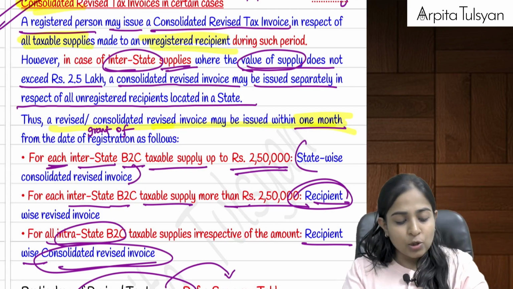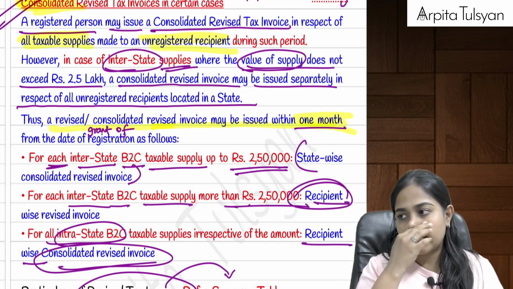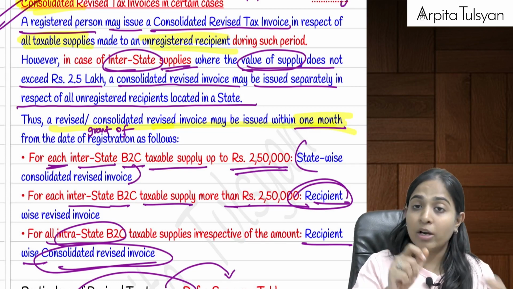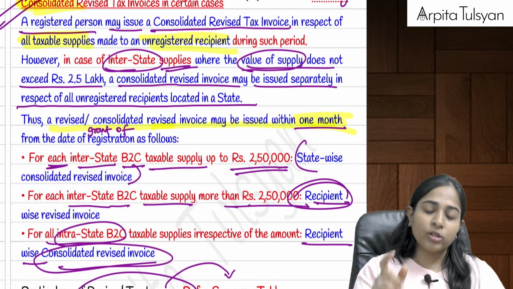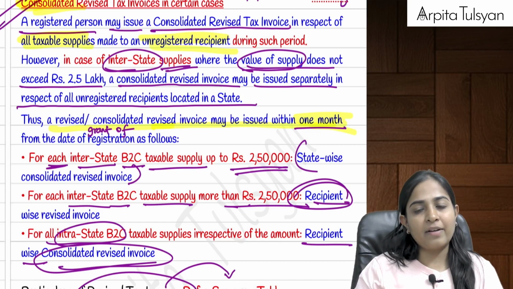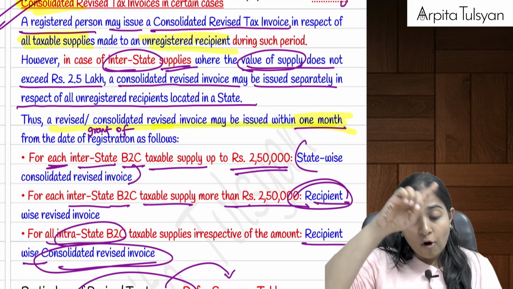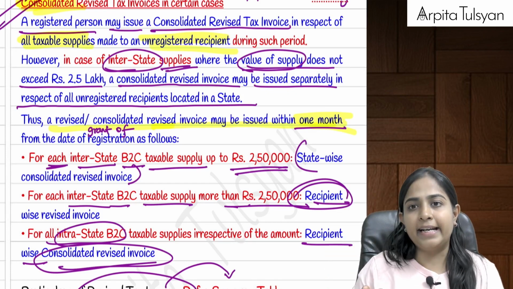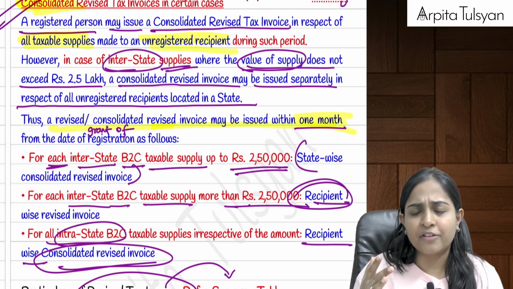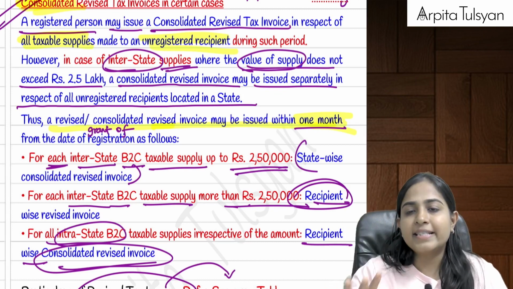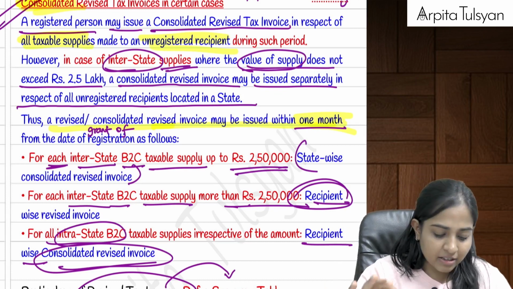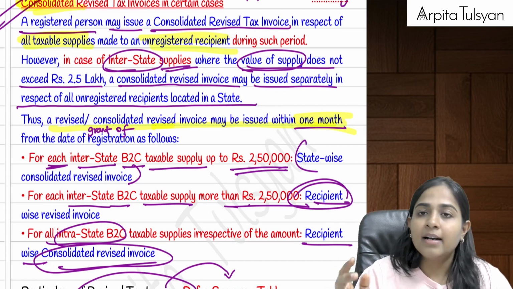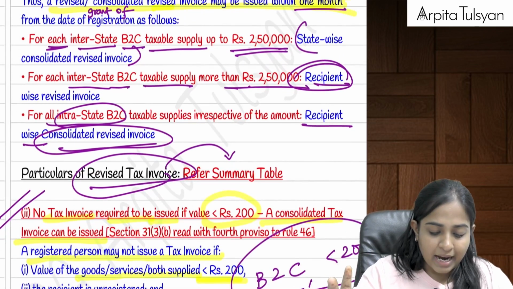But if the taxable value is more than 2.5 lakhs, I'm talking about interstate only, then recipient-wise you will have to issue. For intrastate, irrespective of the value, you will have to issue recipient-wise revised tax invoices. Are you clear with this?